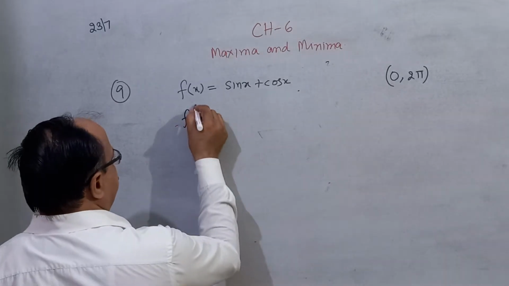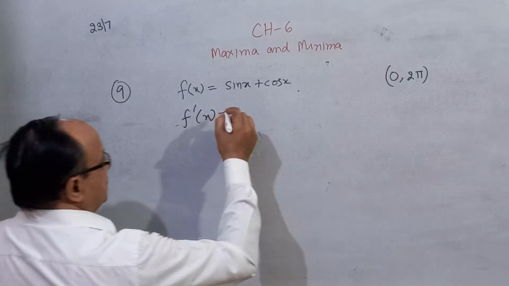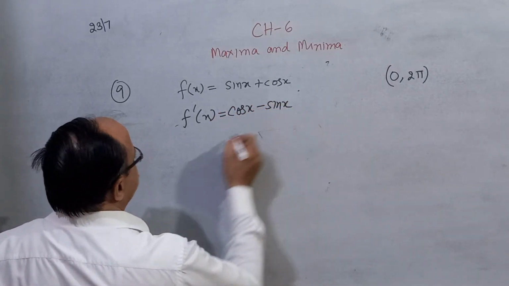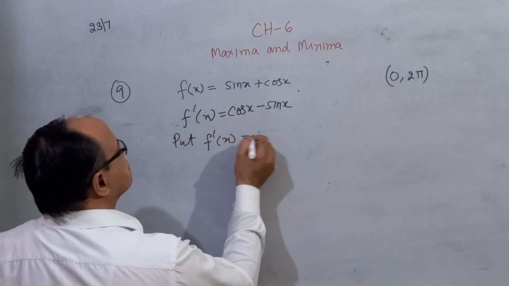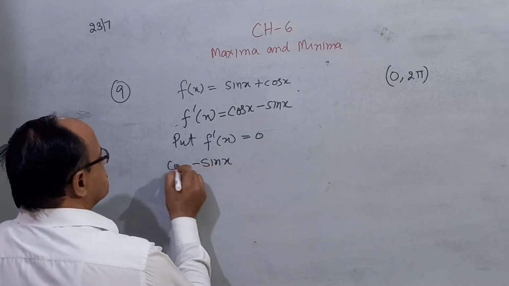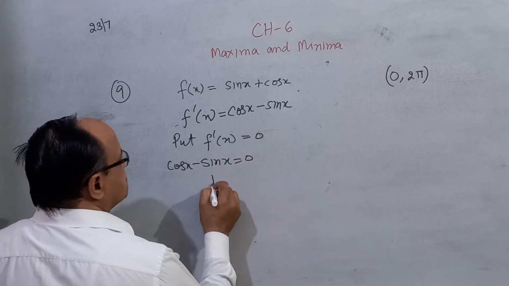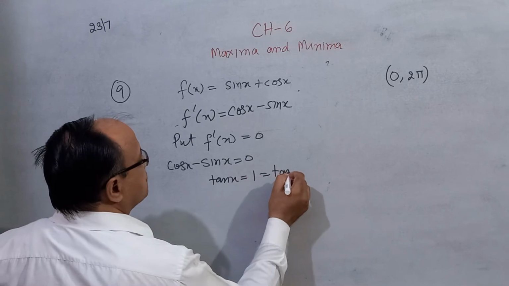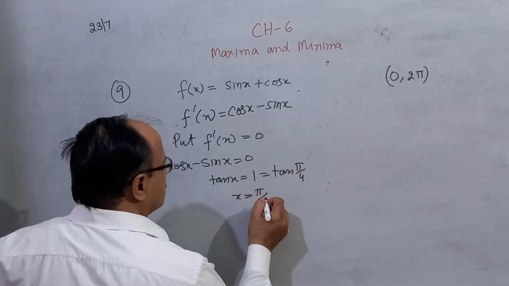Same procedure, find f dash x. The derivative of sin x is cos x, and this is minus sin x. Put f dash x is equal to 0. Therefore, sin x is equal to cos x. Sin by cos, that is tan x is equal to 1, and 1 in the form of tan is pi by 4. X is equal to pi by 4.